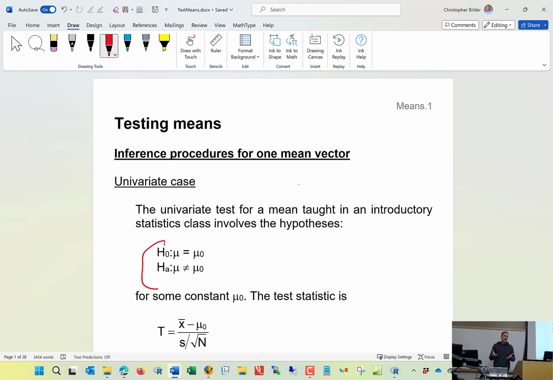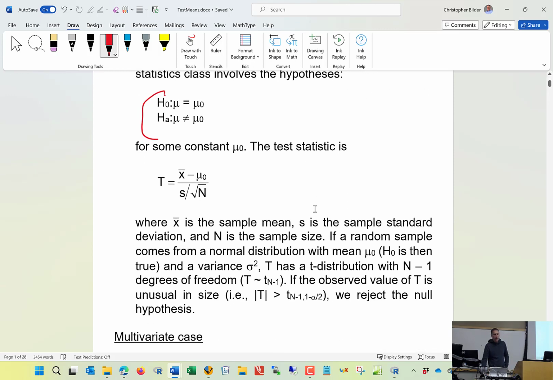That's what mu0 means. Let's say I want to do a hypothesis test for the population mean for all GPAs here on campus. Maybe I want to hypothesize that mu is equal to 3.0. So mu0 will be 3.0. This is often the very first hypothesis test you ever learn about.